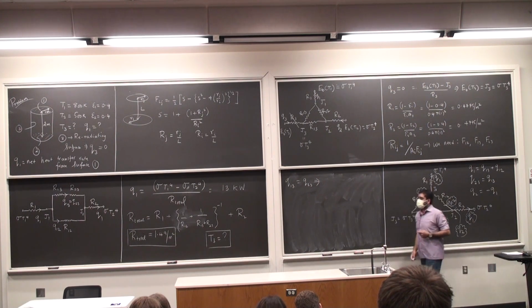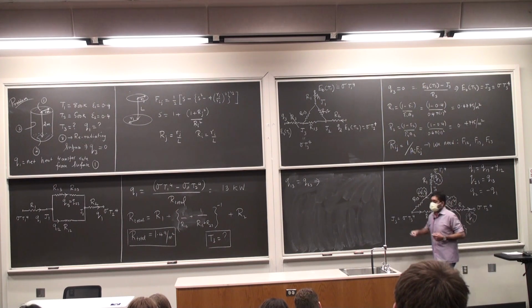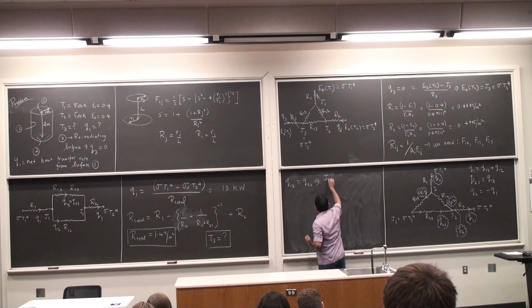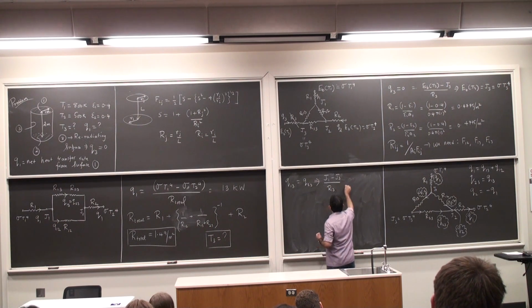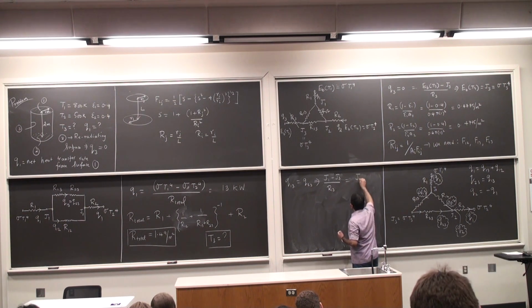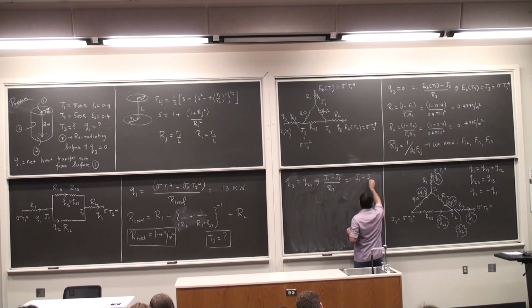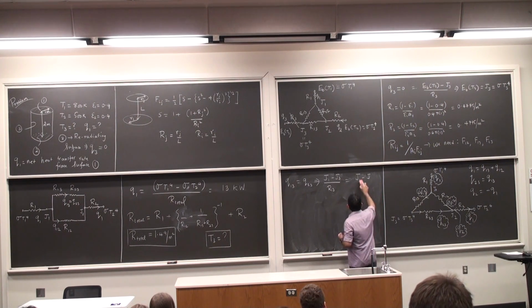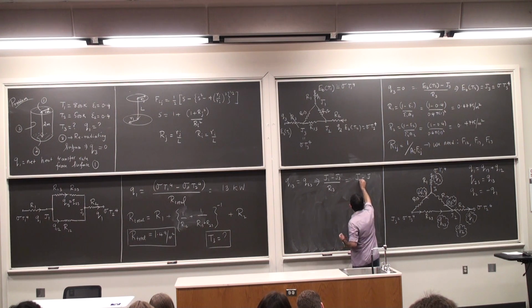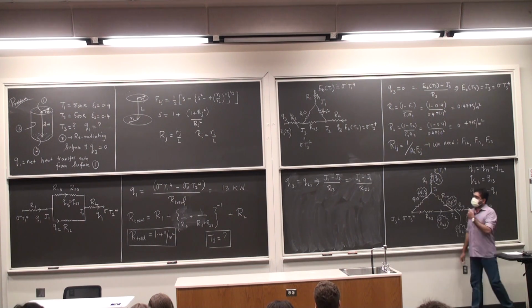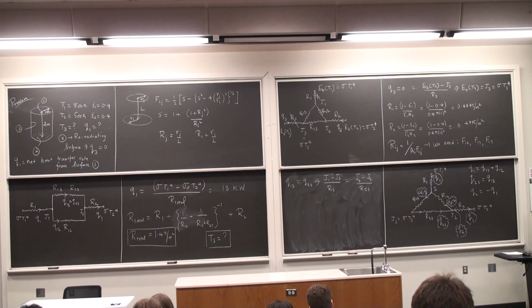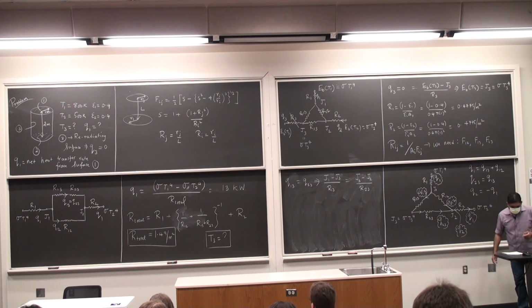Which tells me that J1 minus J3 divided by R13 is the same as J3 minus J2 by R23. And I believe R13 and R23 were the same values, if I'm not wrong, and they are right.